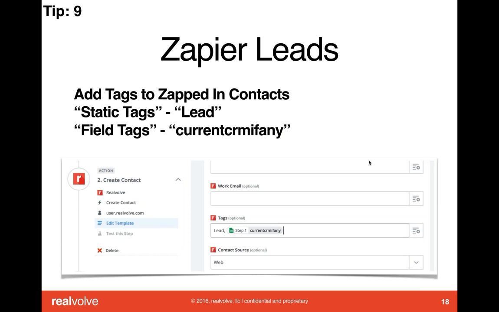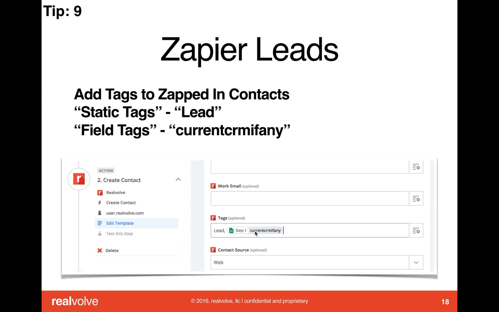Here's the actual tip number 9, which is the ability, whenever you're bringing in leads, to make sure that you tag your leads as they come in from a Zap. Whenever you're assigning fields within the database, and this is one that we use internally, whenever somebody fills out a form within the Realvolve database, and we know that they are coming from some other CRM, we have a field called current CRM, if any.